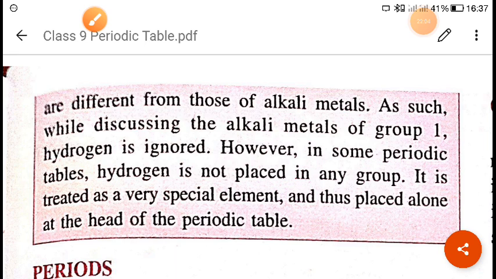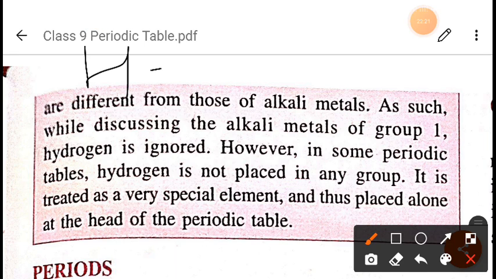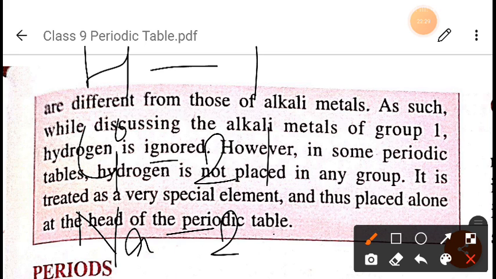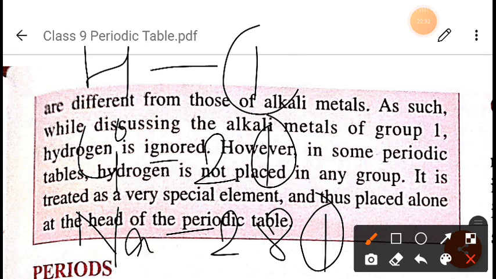What it means to say is that in most periodic tables, you will see that hydrogen has been placed on top of the alkali metals, right? Hydrogen is placed on top of the alkali metals because when you see the electronic configuration of hydrogen, it is only one, right? But when you see lithium or sodium, lithium is 2, 1 and sodium is 2, 8, 1. So as you can see, one electron in the outermost shell. That is why in some periodic tables you will see hydrogen placed just above the alkali metals, because they have a similar electronic configuration.